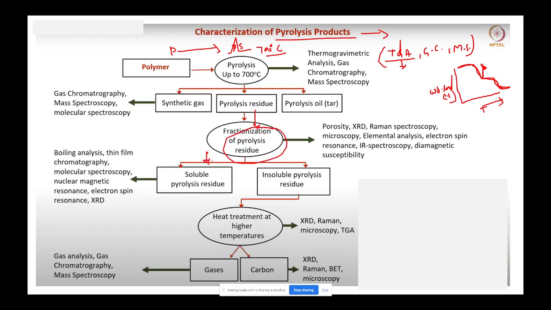There are two types, soluble and insoluble pyrolysis residue. If your residue is soluble, then you can go for boiling point analysis, thin layer chromatography, molecular spectroscopy, NMR. NMR is also one kind of characterization. ESR, electron spin resonance, XRD.